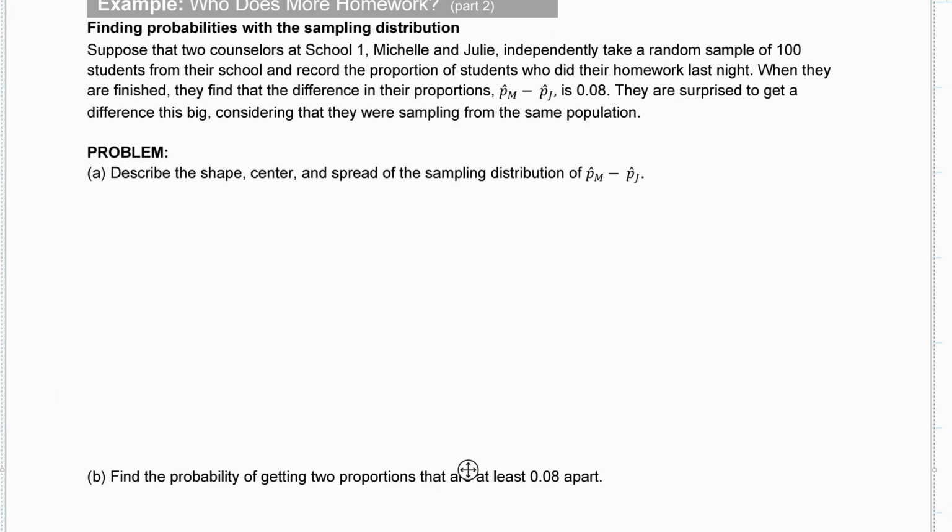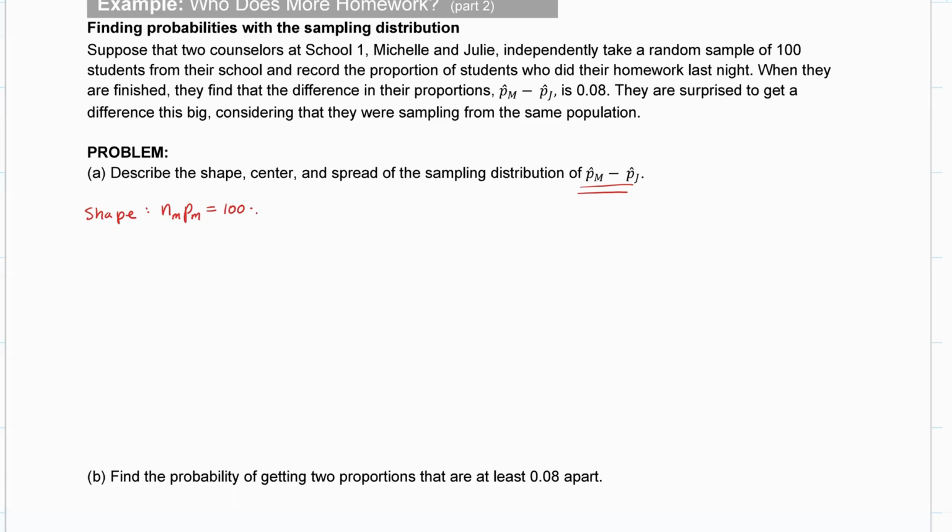Let's start with talking about the shape from which their data came. Well, first of all, n1, maybe I really should write this down as n_M p_M, which was the 100 that Michelle got.